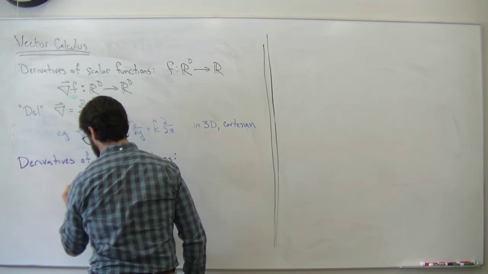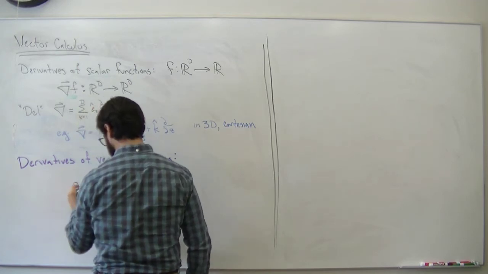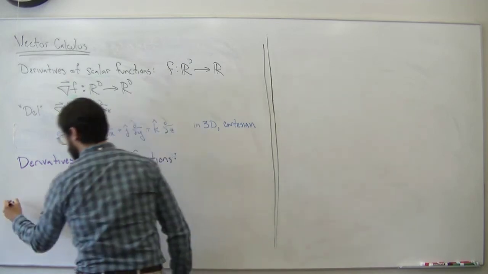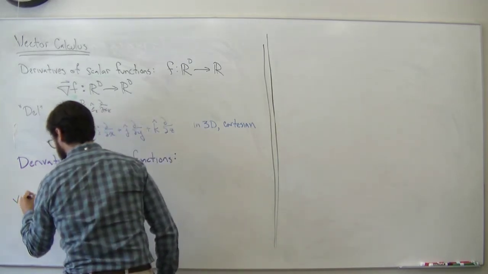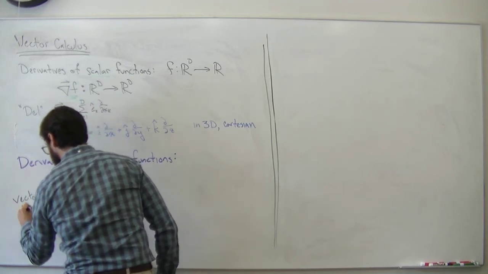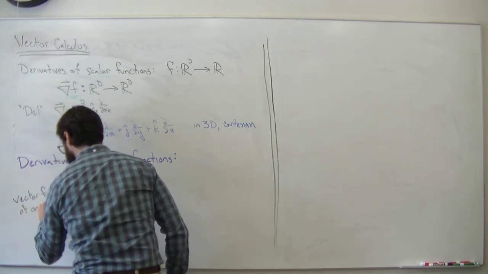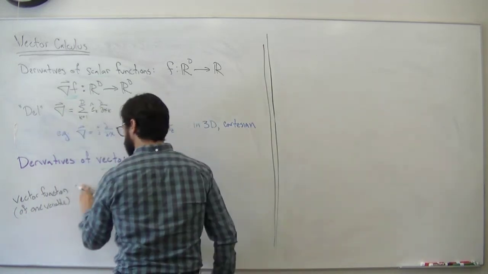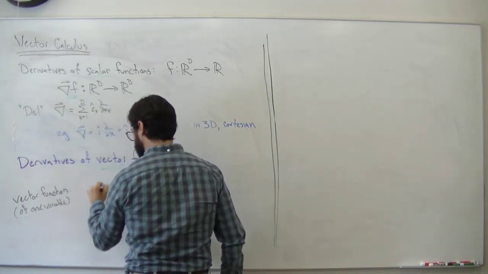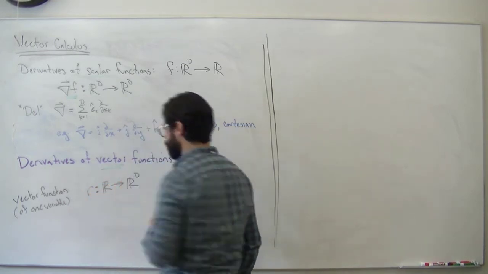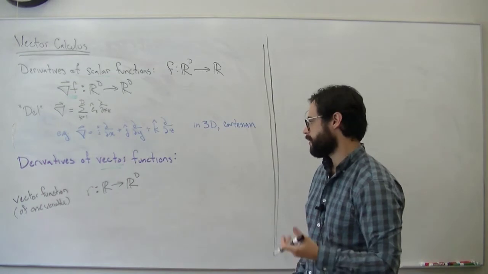Maybe we'll use r, which is a great letter for this for a reason you'll see in a second. A vector function of one variable would be a mapping from R to whatever the dimensionality of the space is. Why choose r?